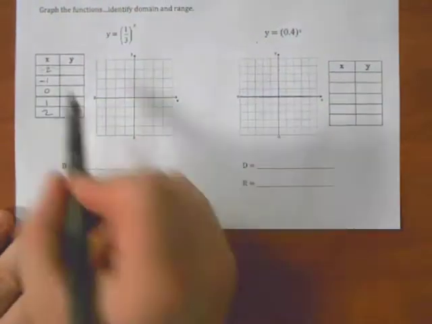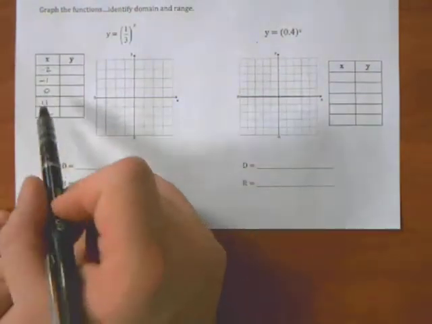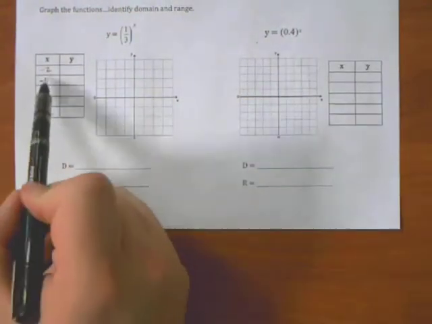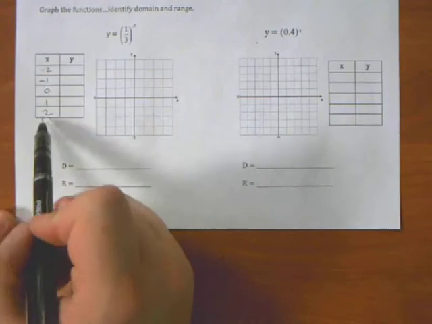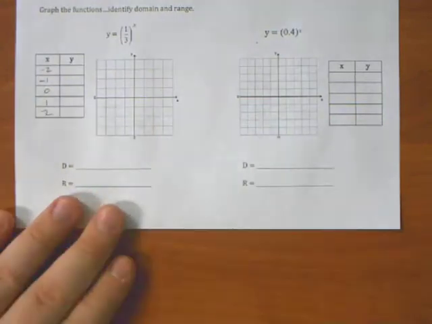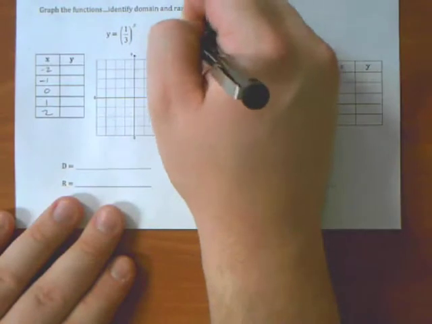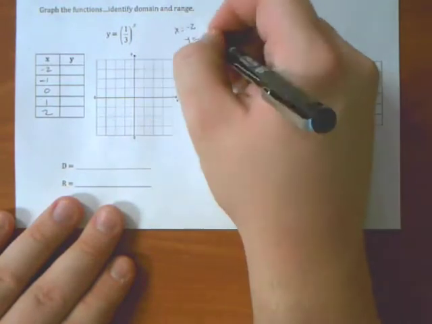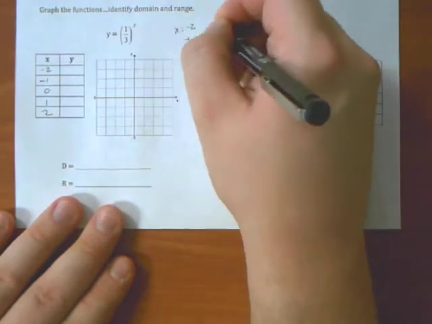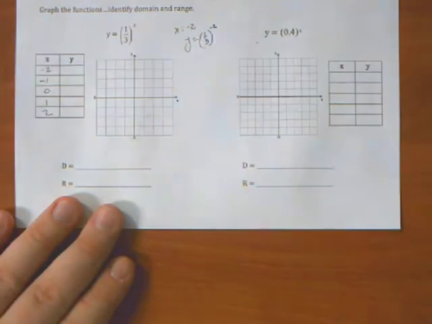Okay, so I'm going to choose my independent variables here: -2, -1, 0, 1, and 2, kind of our standard independent variable set. We'll plug in when x is -2, y is 1/3 to the -2. Well, what's 1/3 to the -2?